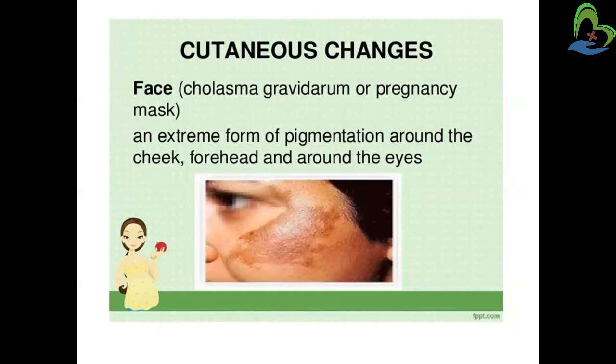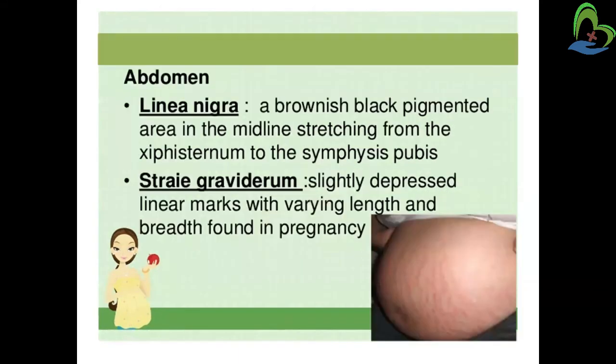Now cutaneous changes, that is, the skin changes seen during pregnancy. First on the face: chloasma gravidarum or pregnancy mask, an extremely pigmented form of the face present on the cheek, forehead and around the eyes, like a mask. Now on the abdomen, linea nigra.